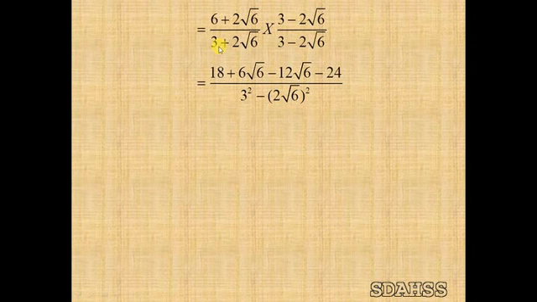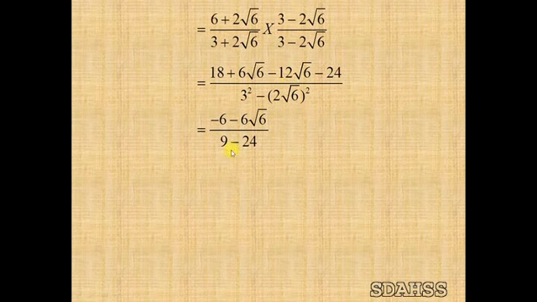The denominator is of the form (a plus b) into (a minus b), which is a square minus b square. So the denominator becomes 3 square minus (2 root 6) whole square, which is 9 minus 24, since 2 root 6 into 2 root 6 is 24. The numerator is 18 minus 24, minus 6, 6 root 6 minus 12 root 6, minus 6 root 6.